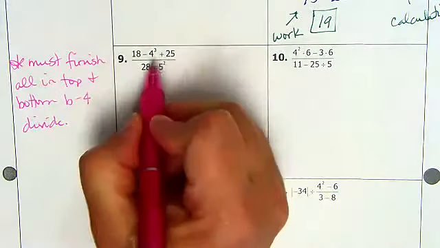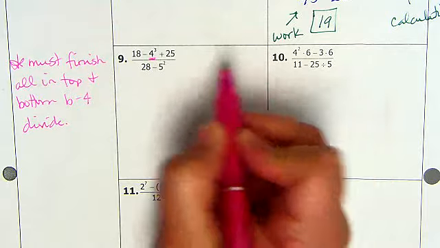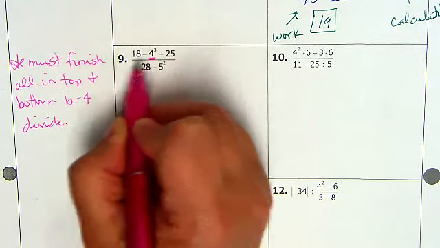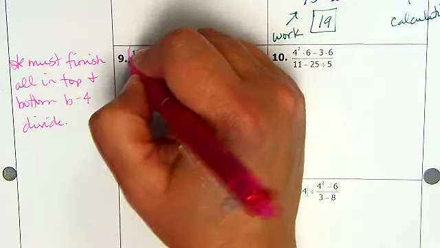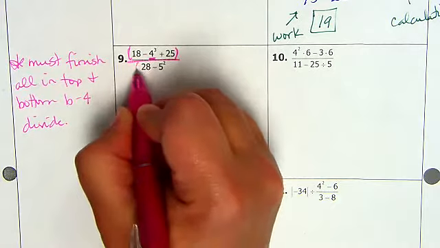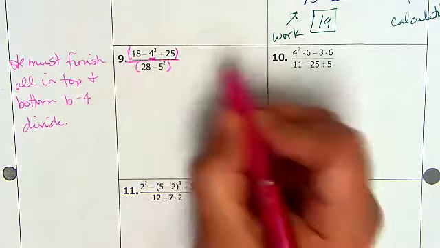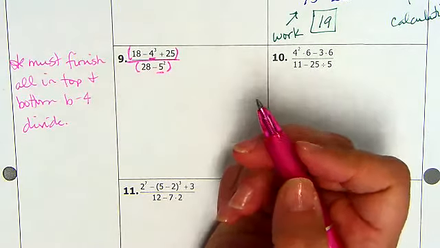All right, so in here I'm going to do 4 to the third because that's an exponent. There's no parentheses or grouping symbol other than the fraction bar. So I've got to finish everything. That's almost like I put all of this inside of parentheses when you have this big fraction bar. So I've got to finish everything in the top and in the bottom first. So I can do these exponent things first.